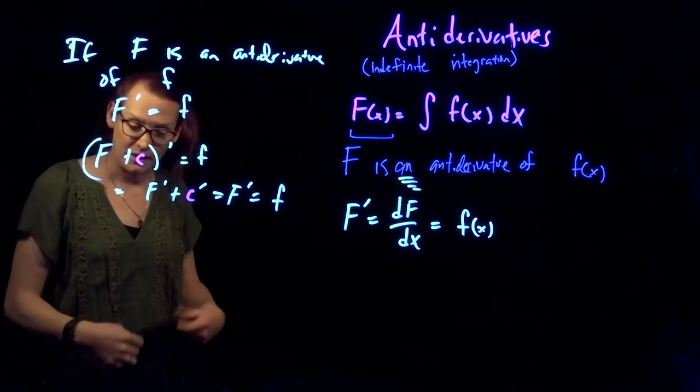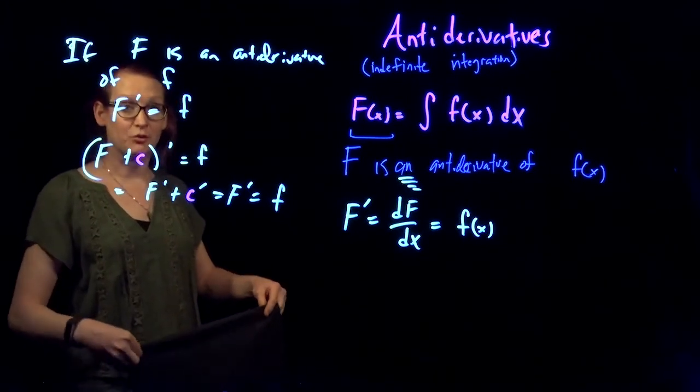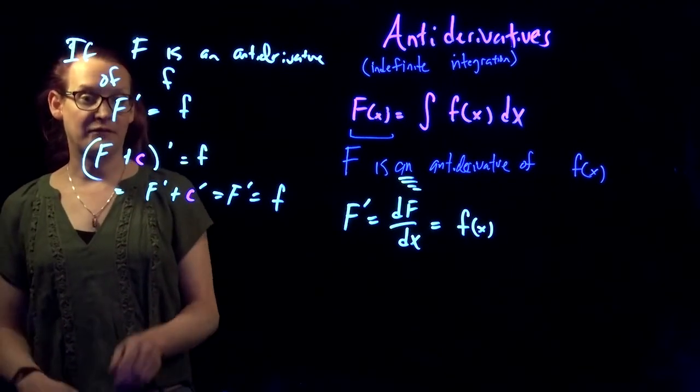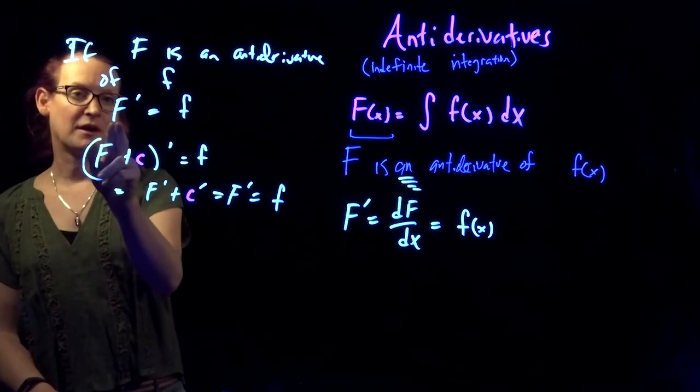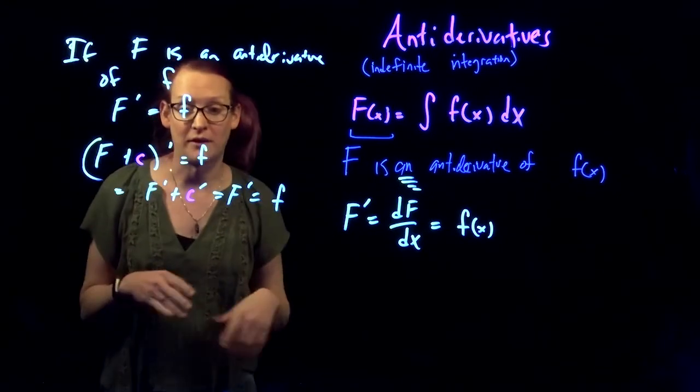That is to say that the antiderivatives for a function have some basic form in terms of capital F, and then everything else is just an additive constant away from it.